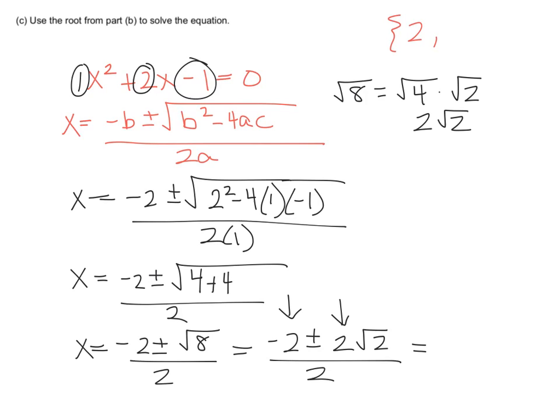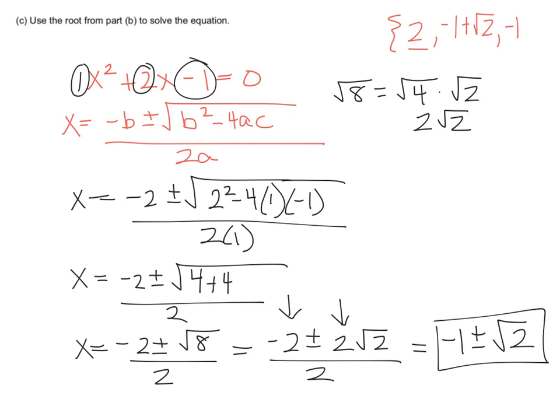So we have negative 2 divided by 2, which is negative 1, plus or minus, and then 2 divided by 2, which is 1. So we just are left with the square root 2. And these are my solutions. So my answers are 2, which I already found in part B, and then negative 1 plus square root of 2, and negative 1 minus square root of 2. So these are my 3 solutions and answers to my problem.